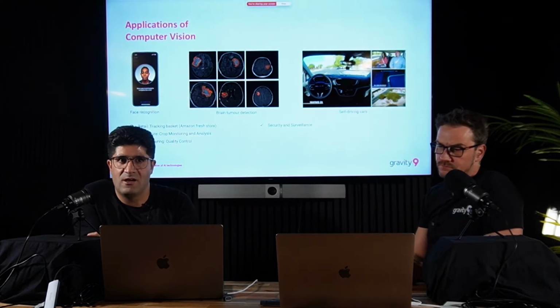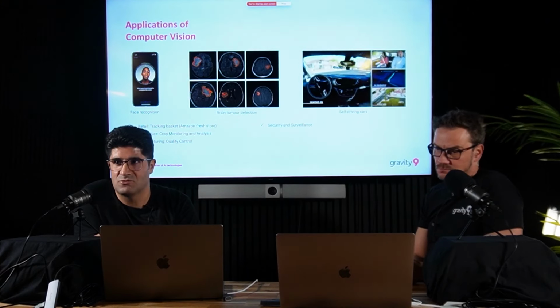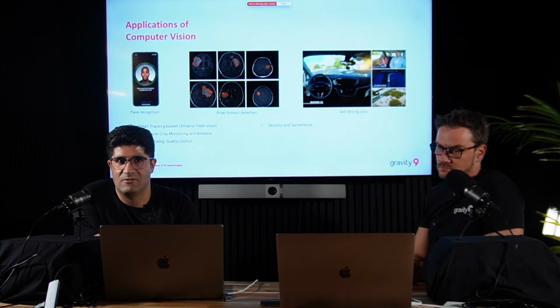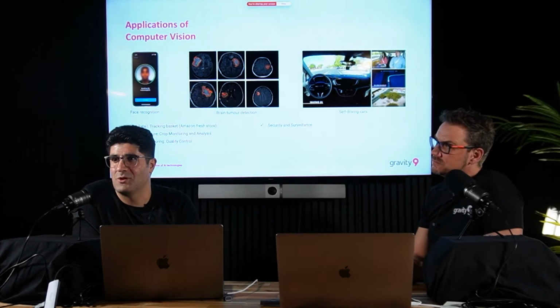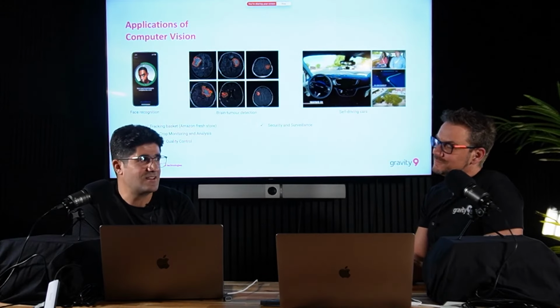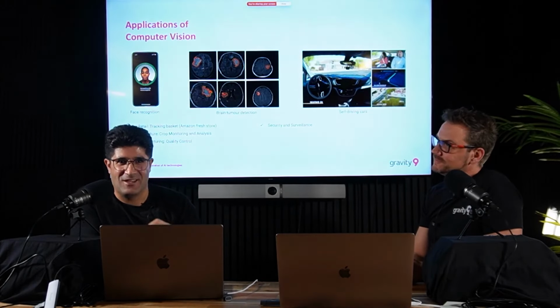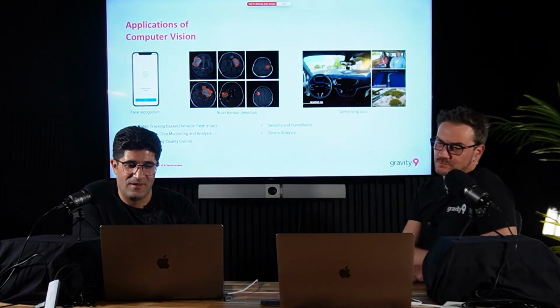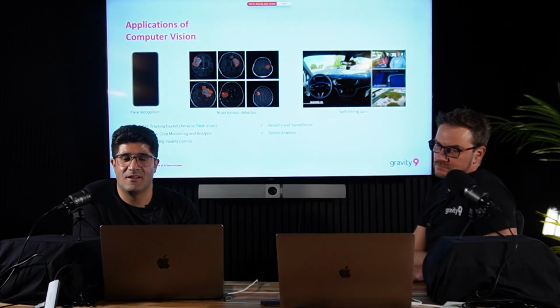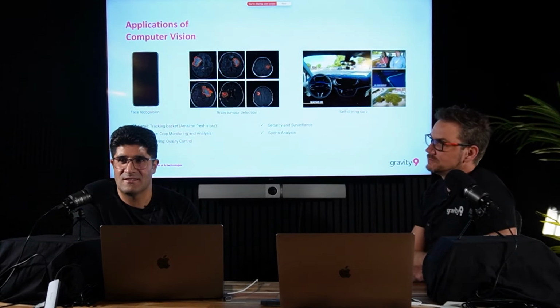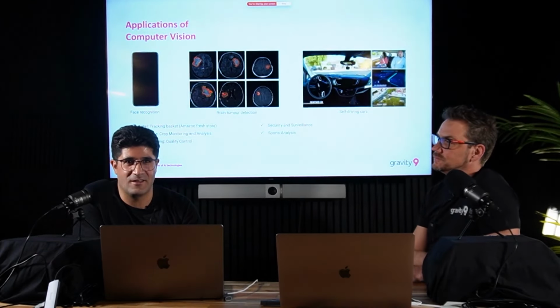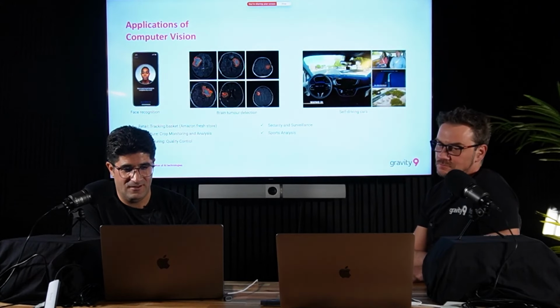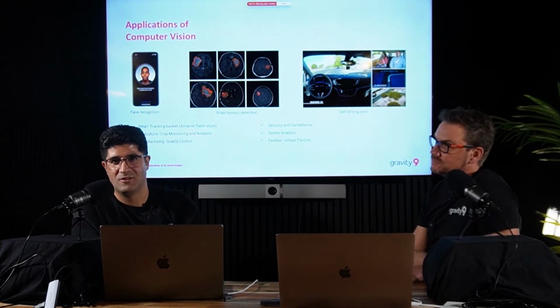Security and surveillance is another area, specifically when you try to run events. Our event is small, but for large events, it's important to look at the different aspects of security. Sport analysis, lots of money goes to this at the moment, specifically for football fans.